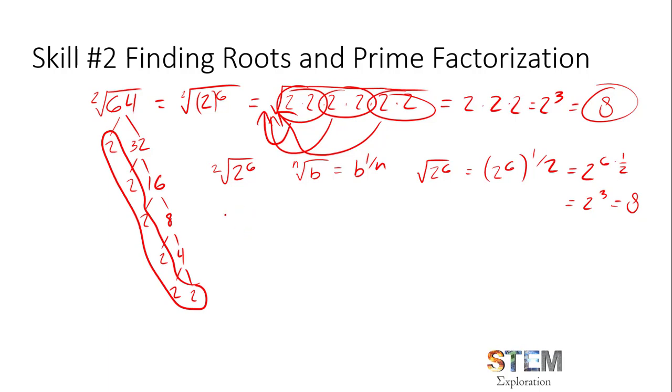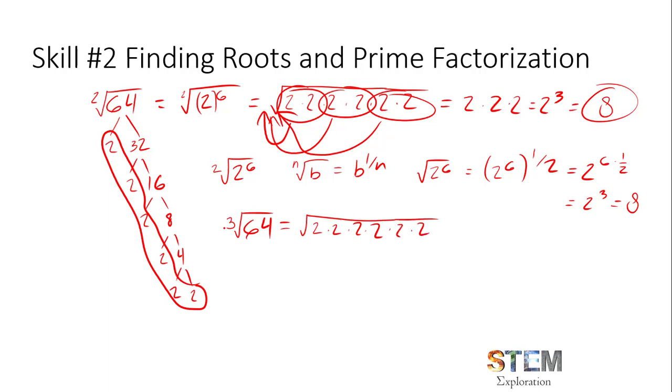So let's say I want to take the cube root of 64. So if we have the cube root of 64, one of the things I want to talk about here is that now we have a situation where we're talking about the 1/3 root, or we need 3 2's in order to pull out that value. So again, 2 times 2 times 2 times 2 times 2 times 2, the same type of situation.